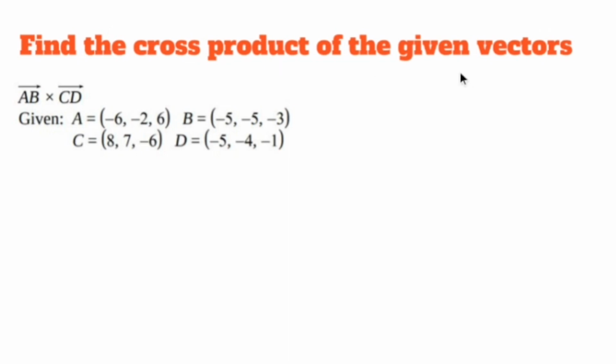Find the cross product of the given vectors. All right, what I need to do is find what these guys are in component form. So AB in component form is going to be negative 5 minus negative 6, which is positive 1, double negatives there, negative 5 minus negative 2, which is negative 3, and negative 3 minus 6, which is negative 9.